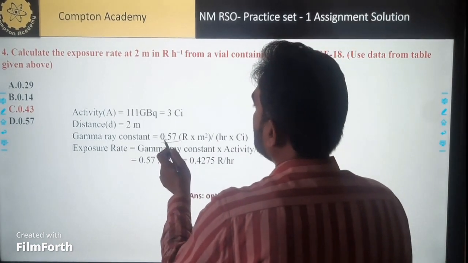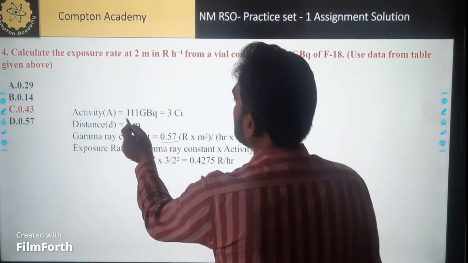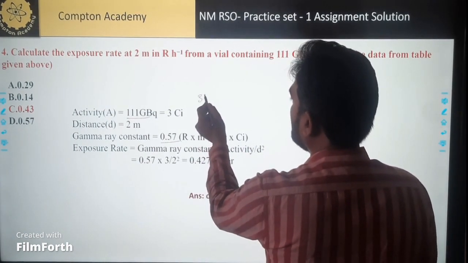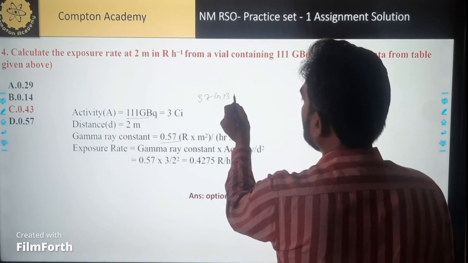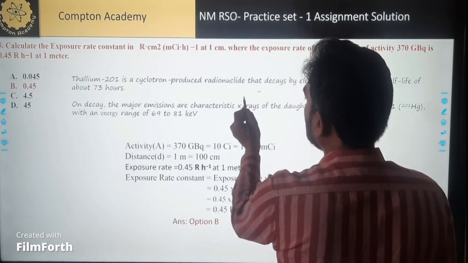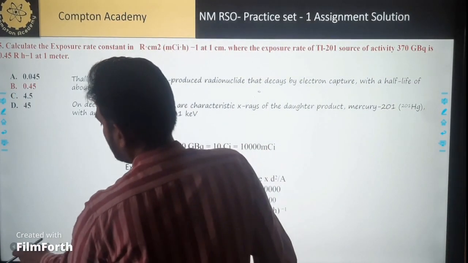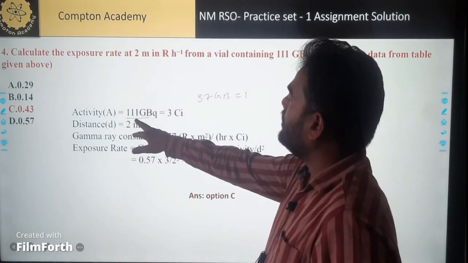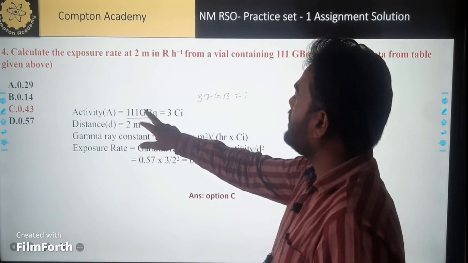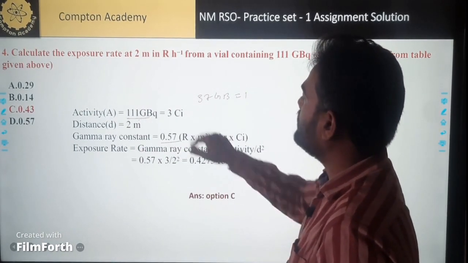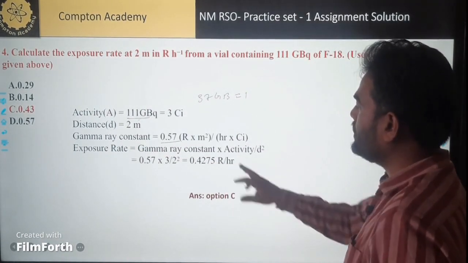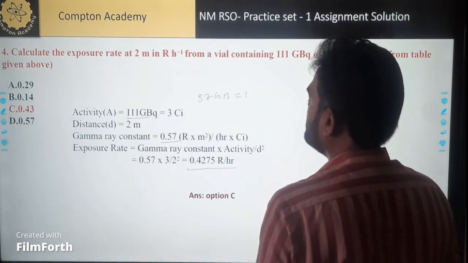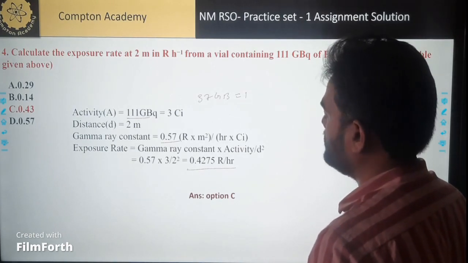So first we will convert this gigabecquerel value into curie. So you know that 37 gigabecquerel is equal to 1 curie. So we will utilize this value, and dividing 111 gigabecquerel by 37 gigabecquerel, you will get 3 curie. Now putting these values in the formula, you will get the exposure rate as 0.4275 roentgen per hour.